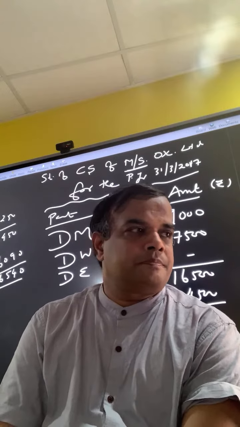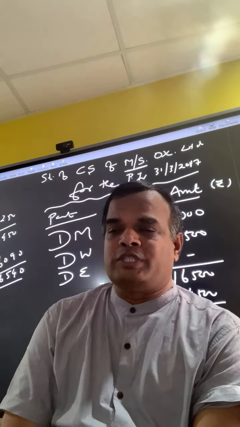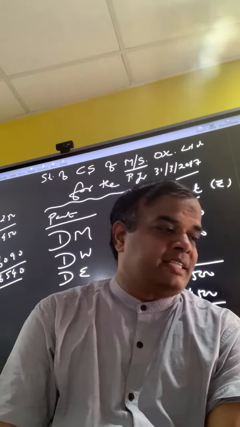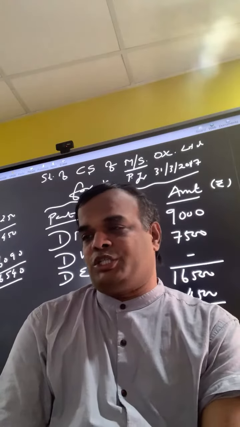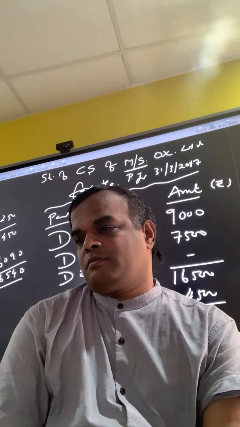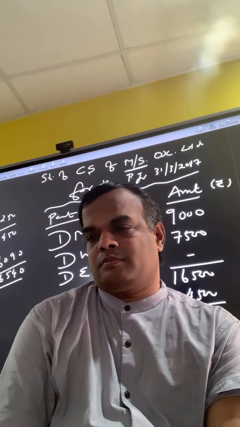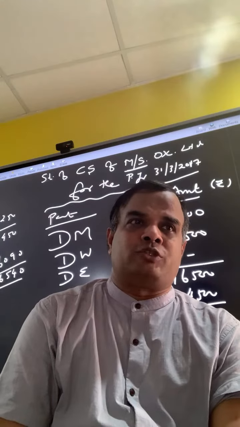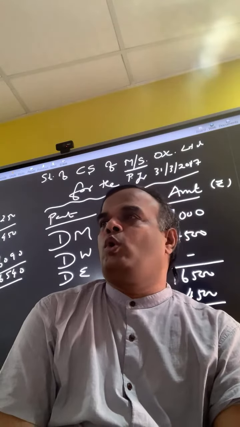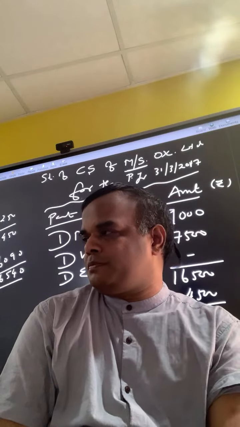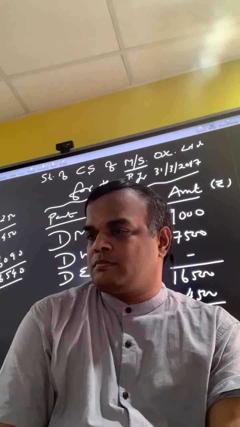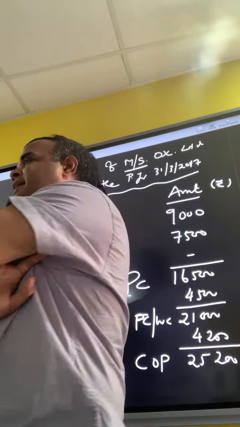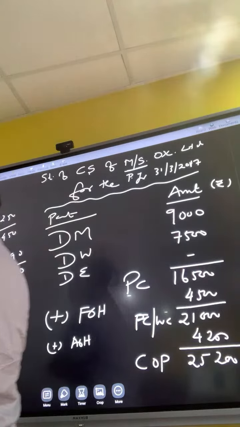62,000? No, 59,900 is the cost of production. All of you got 59,900. Add opening stock of finished goods. How much is the opening stock of finished goods? 17,600.